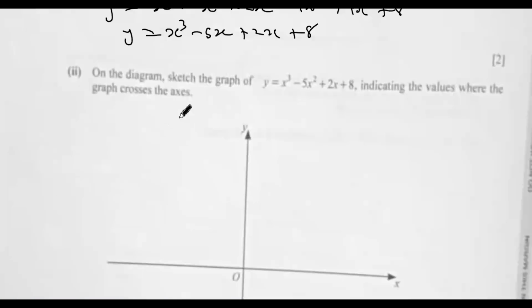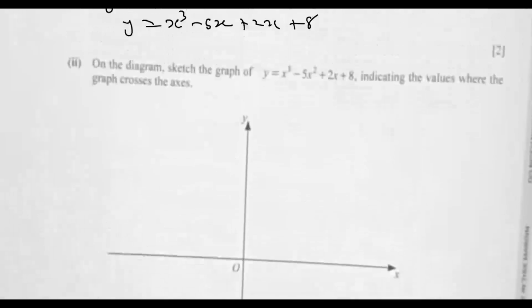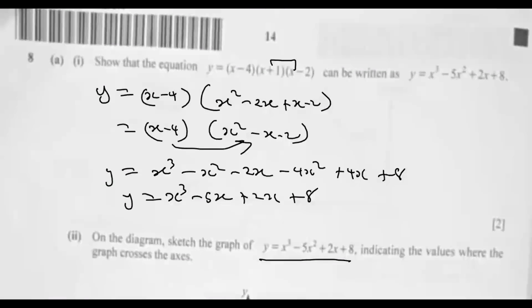So on the diagram, sketch the graph of y equals x cubed minus 5x squared plus 2x plus 8, indicating the values where the graph crosses the x-axis. To do this is very simple. We already established that this is the same as y equals (x minus 4)(x plus 1)(x minus 2).